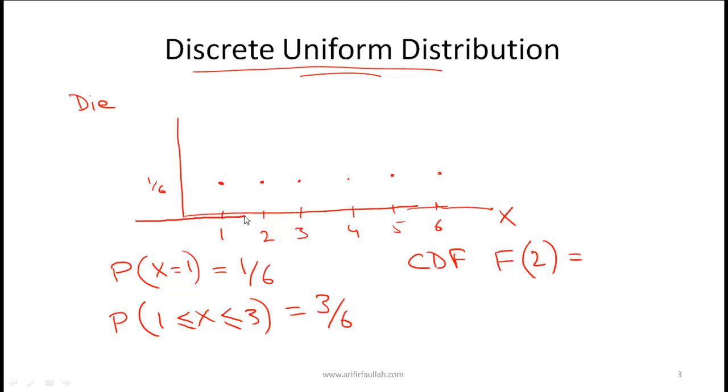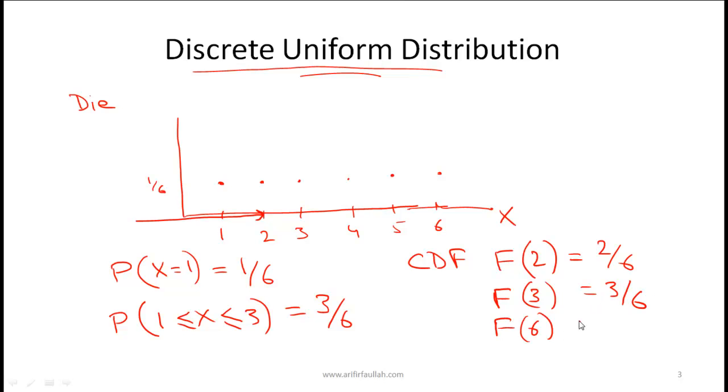So starting from negative infinity, how much probability do we accumulate till 2, including 2? So this answer would be 2/6. So the total amount of probability starting from negative infinity up to 2 is 1/6 and 1/6, which is 2/6. So similarly, F(3) will be 3/6.